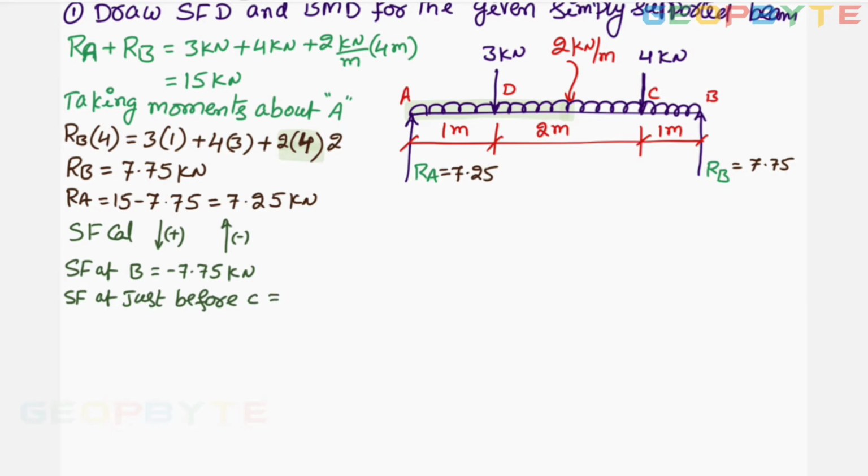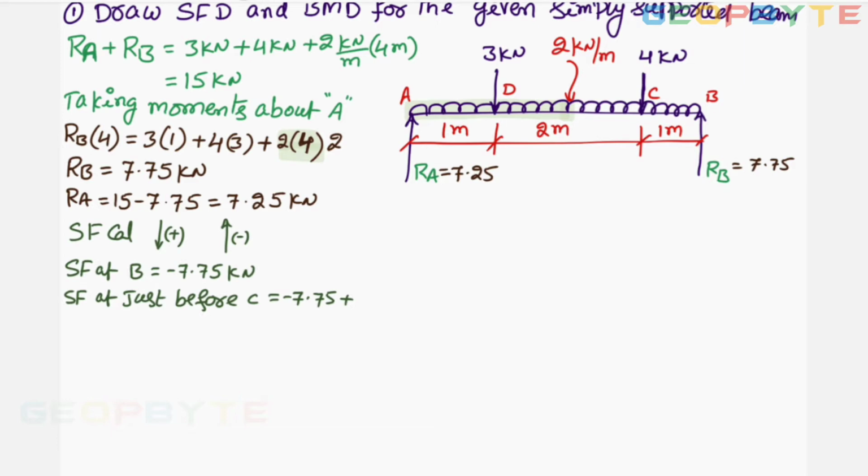At C, two effects are there: one UDL effect and one point load effect. For finding the shear force at just before C, you consider only the effect of UDL. Already minus 7.75 is there, plus the UDL is maintaining the downward force.